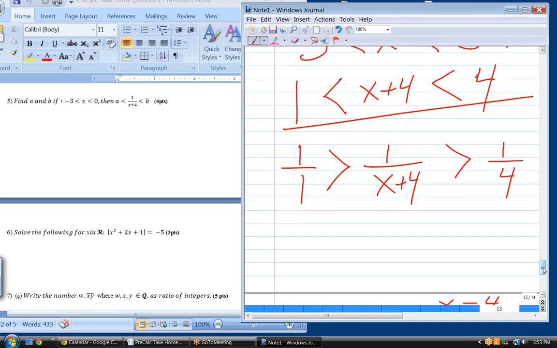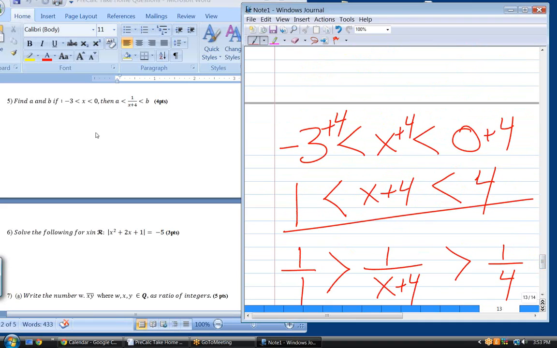So something's wrong here. Hold on, let's go back. Here I added 4 to both sides. In other words, if x is greater than -3 and less than 0, then x plus 4 has to be less than 4 and greater than 1. And that's actually a true statement. It just means that x is negative. If x has to be an integer, it would have to be -1 or -2.